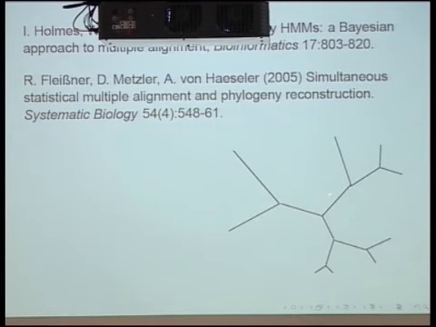What they basically do in their method is, given such a tree, they estimate sequences for the internal nodes, and then the whole alignment of all these exterior sequences is based on pairwise alignments of the sequences in the nodes, and they have a Gibbs sampling procedure where they update these alignments at the nodes, and we try to do a similar thing.